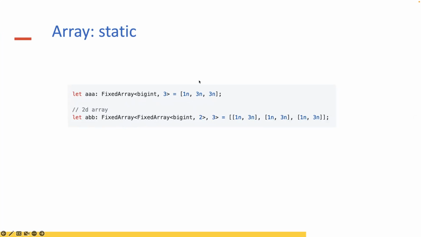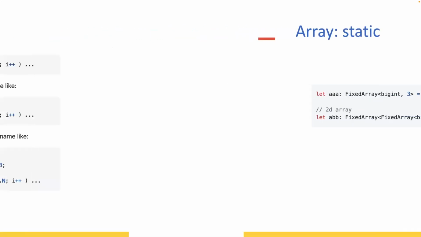Short answer, for anything that's an array, you have to use fixed arrays in our framework. Make sense? You cannot use a dynamic array. For example, you cannot declare an array of length unknown at compile time and then push and pop. That's not allowed. If I try to use a normal array, it will not compile.